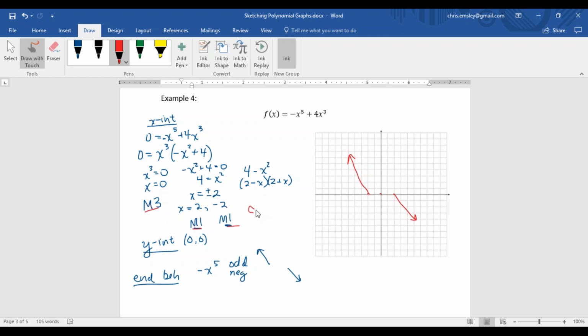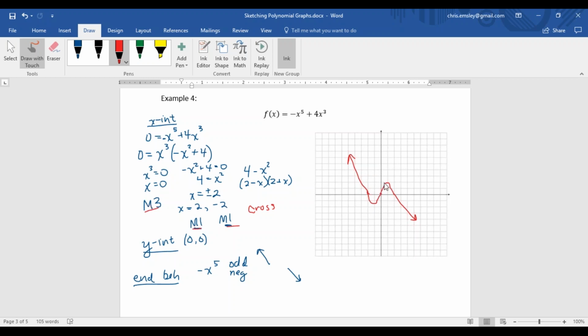So in every place, it is going to cross the axis. So here it's going to cross at negative 2, come back up and hit 0, cross again, go back down and cross again at 2. So there's a rough sketch of our minus x to the 5th plus 4 times x cubed.